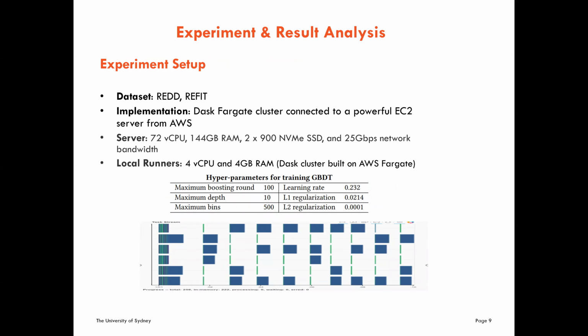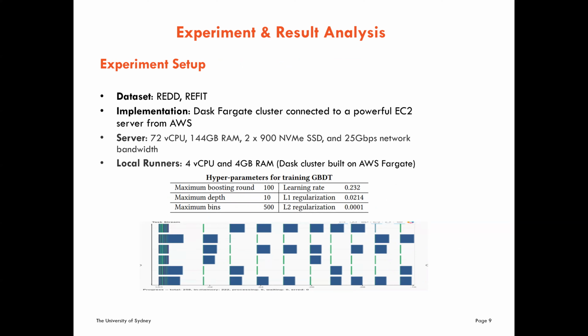To evaluate the performance of the framework, we implemented a prototype and conducted experiments on two open access data sets, the REDD and REFIT. We deployed the Fed-GBM framework on a scalable distributed disk target cluster.